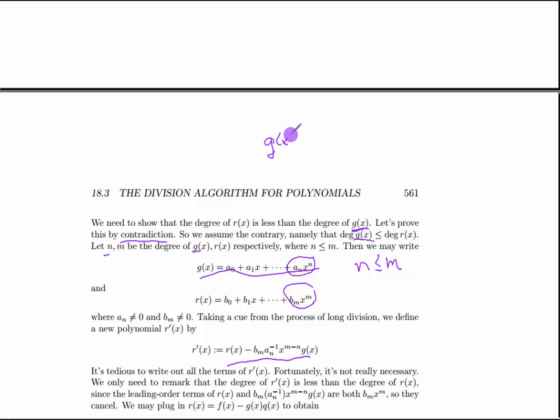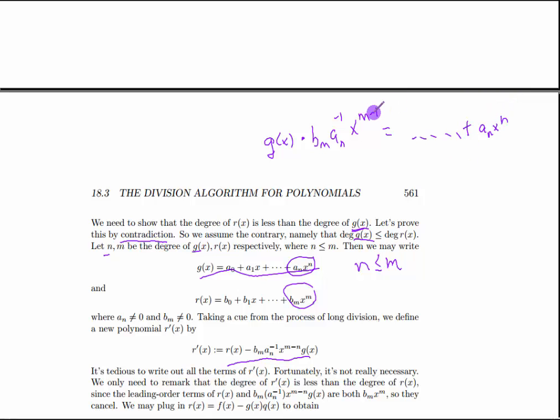So I'll write it up here: g of x times b_m a_n inverse x to the m minus n. What's that going to be? Well, it's going to have a lot of terms. What's the largest term? The largest term is going to be this term, a_n x to the m times x to the n. Made a mistake there, sorry.